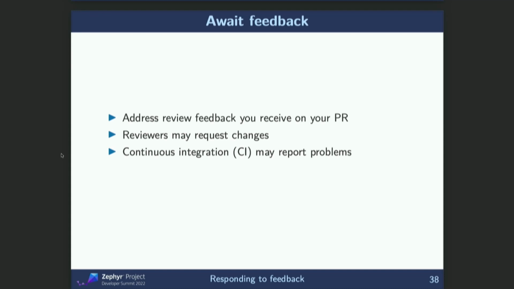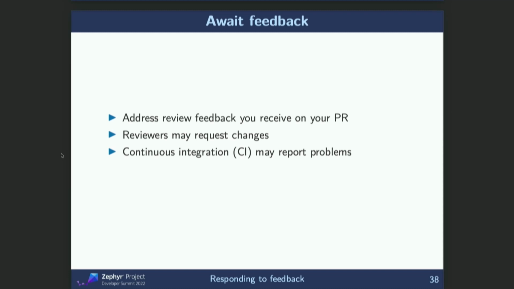Now, once people start posting review comments, you'll notice that in general, they will ask you to change things, or they will ask you why you're doing certain things, maybe because it's not clear enough from the code and from the commit message, or because it's simply complex and they need additional explanations. So it is very important that you read all of this feedback constructively and accurately and carefully.